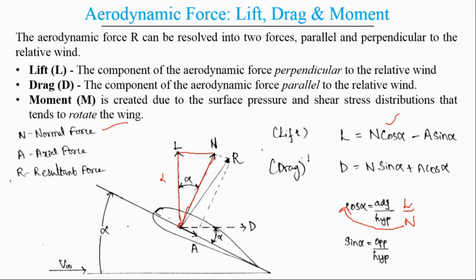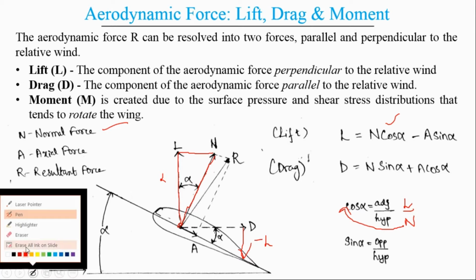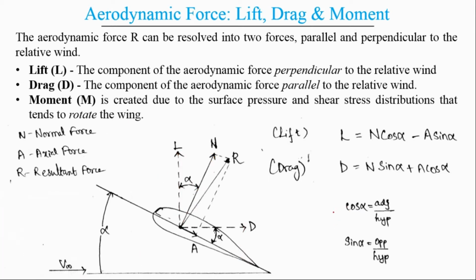Similarly, we see that there is also a downward perpendicular force acting over here, and this is in negative direction, so negative lift. Now when we try to evaluate this, let me write this is the negative lift, that is lift acting in downward direction. So I need a relation which relates an opposite direction and some other direction.